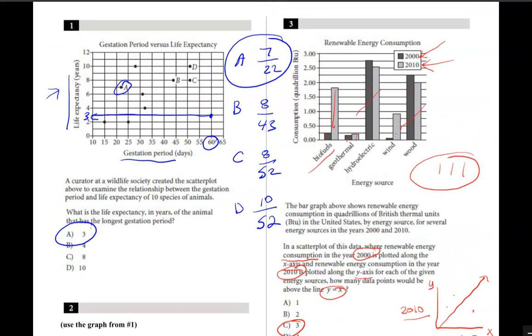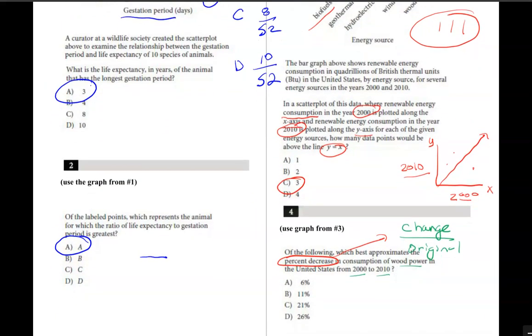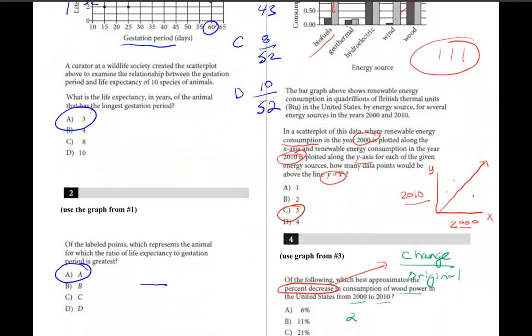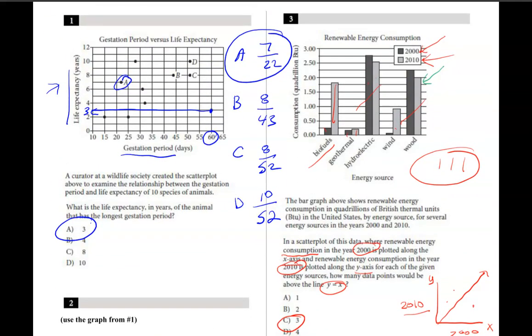All right, so we go up to our graph. Let's focus on wood power. So in 2010, it looks like wood power was right at 2. All right. And then we go, and this is in quadrillion BTUs is the units. And then in 2010, or I take that back, 2000 is right here, which would be 2.25.